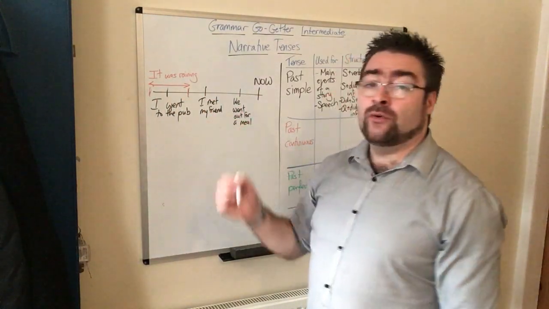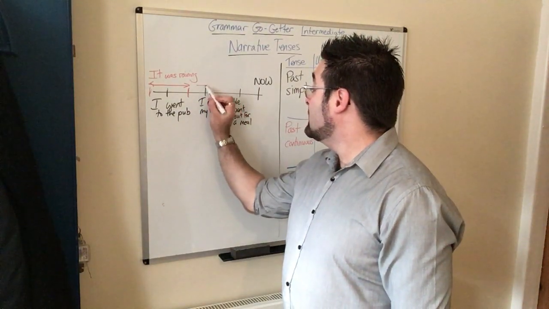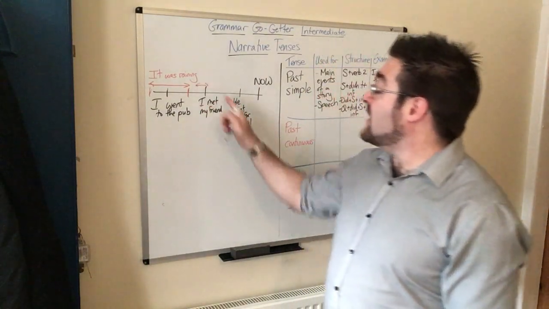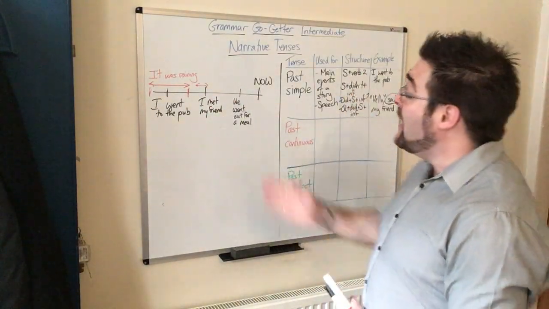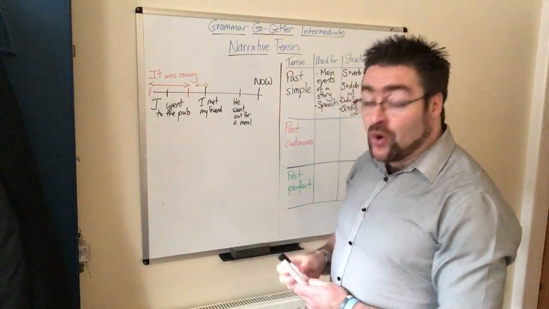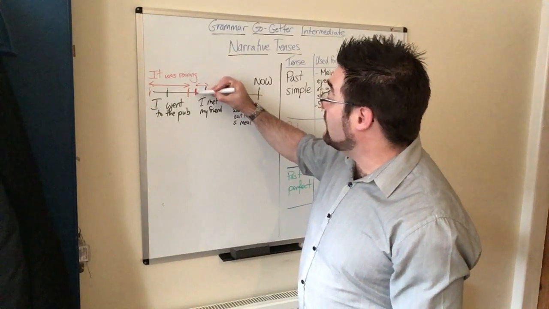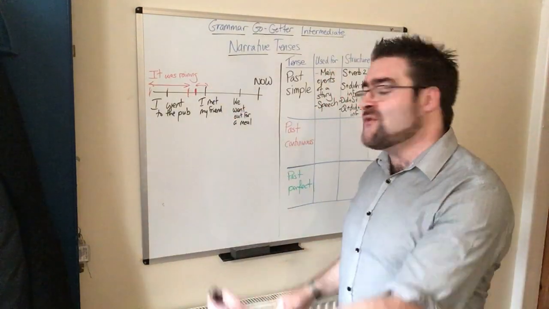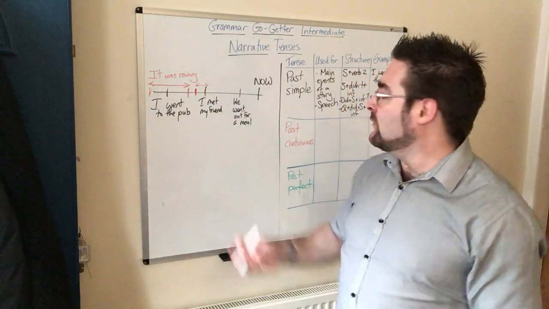You can also use it for longer actions that are interrupted by the past simple. So, for example, my friend arrived before me and he was looking at his phone. So he started looking at his phone here, but when I arrived, he stopped looking at his phone.